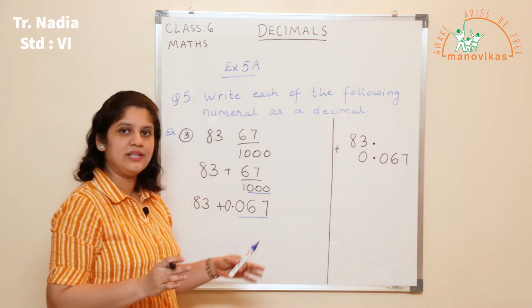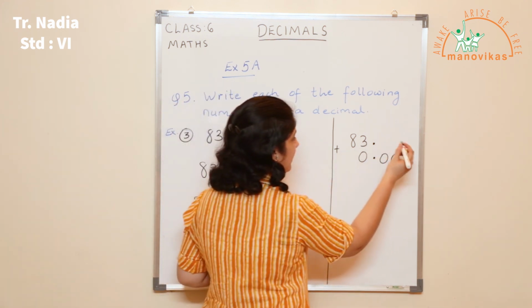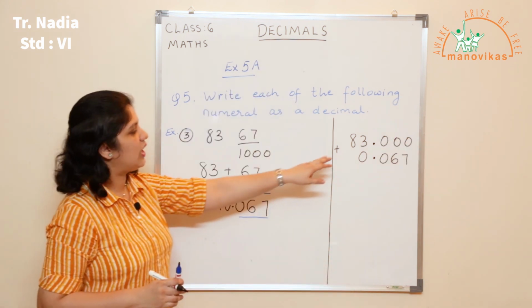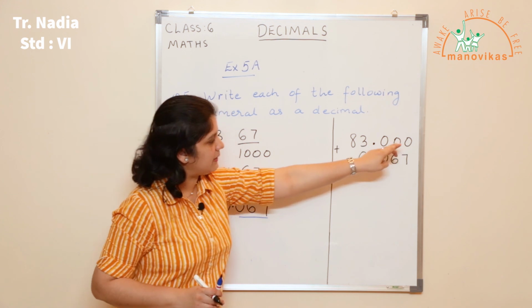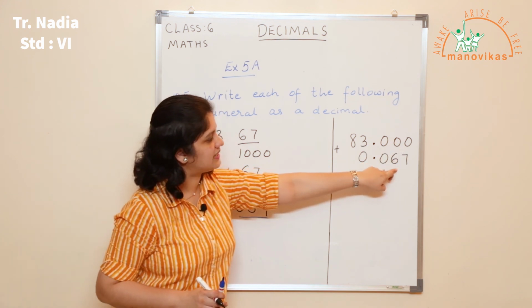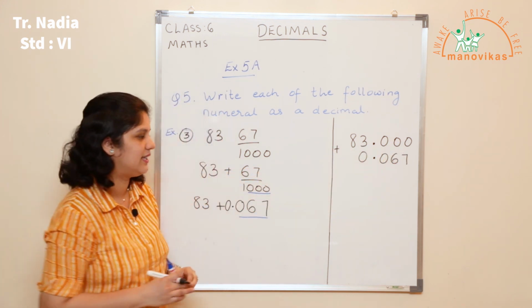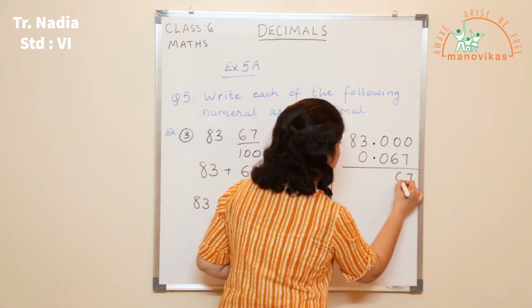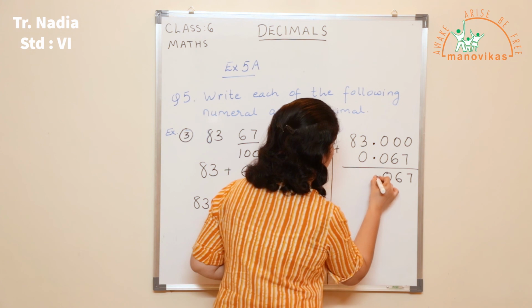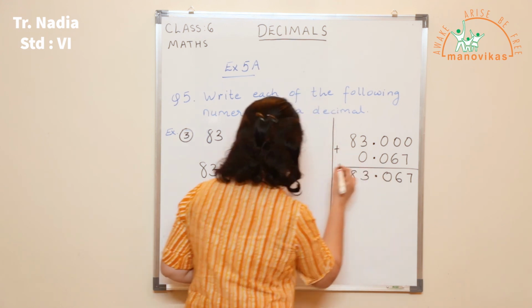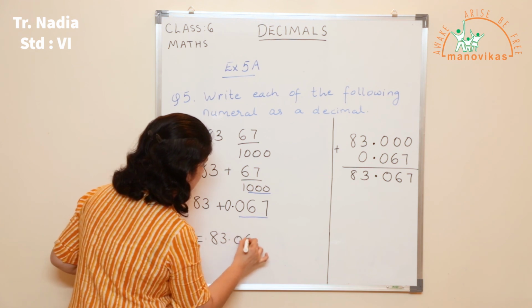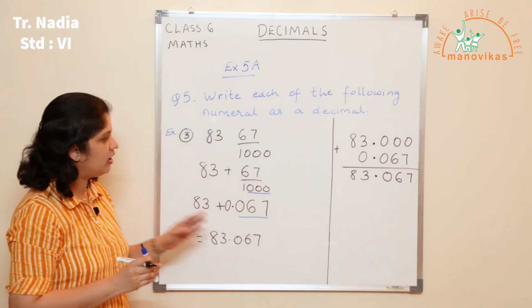So I will put 3 decimal places for 83 also, just by putting zeros. So now 83 also got 3 decimal places and 0.067 also has 3 decimal places. So once you add, your answer will be 83.067. So this is your answer.